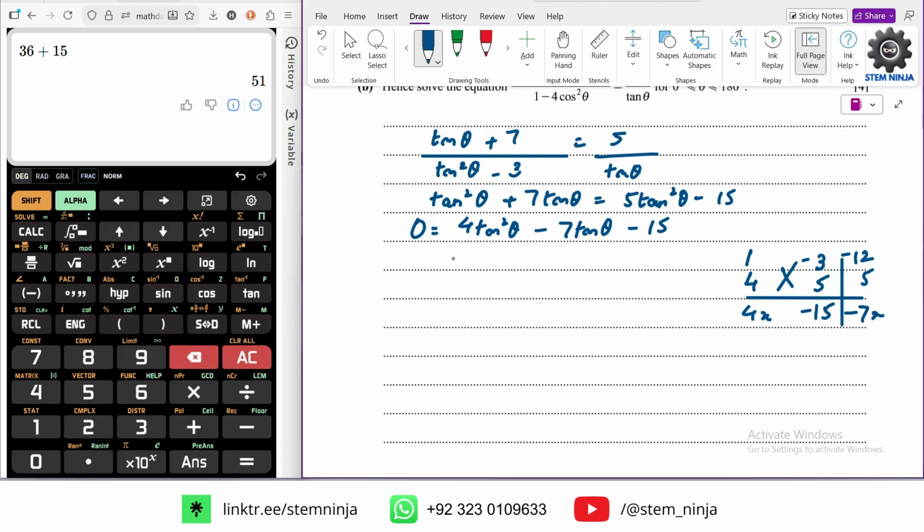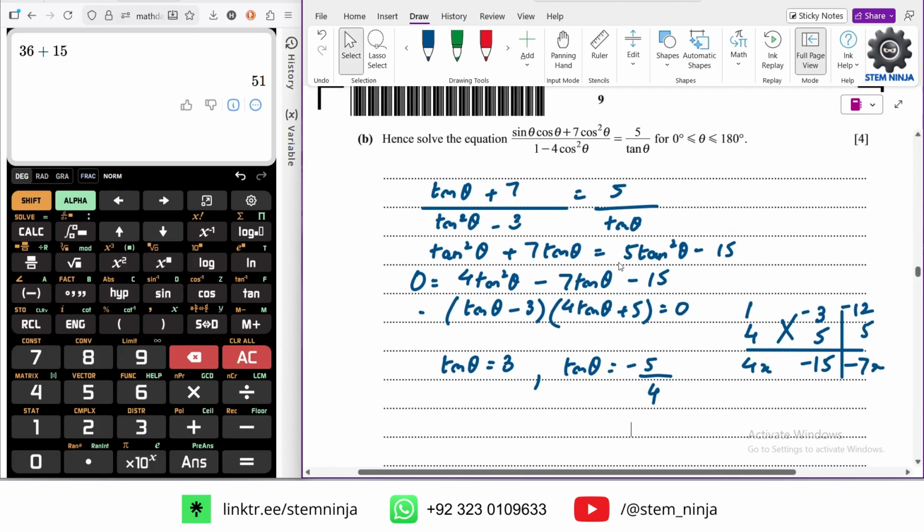So this is (tan theta minus 3)(4 tan theta plus 5) equal to 0. This would mean that either tan theta is equal to 3 or tan theta is equal to minus 5 over 4.